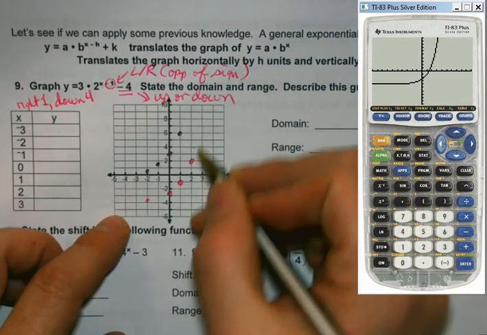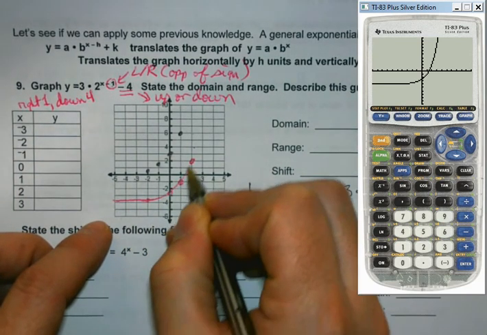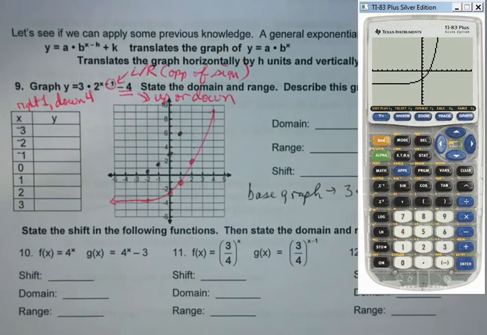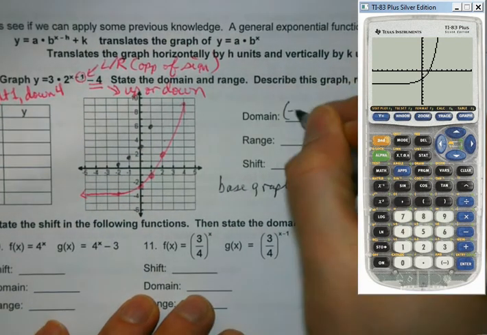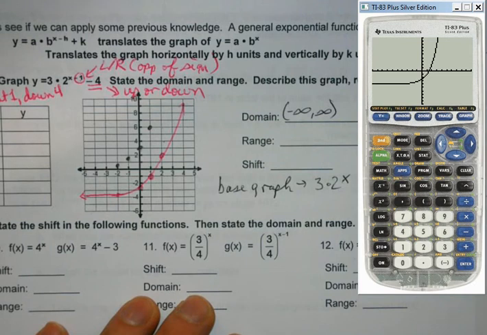But here's the cool thing. This new graph that I have, there's one difference I want you to pay close attention to. My domain's not going to change. It's still negative infinity to infinity. But what happened to my range? Where's my new bottom point of my graph?